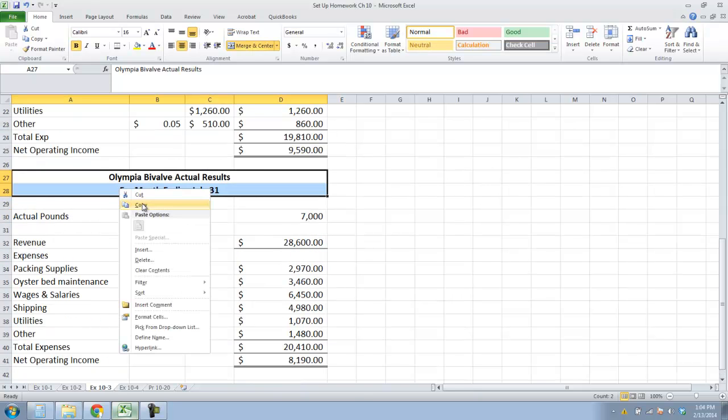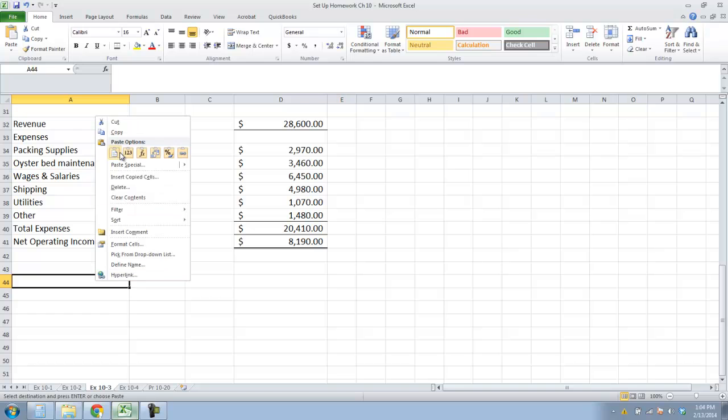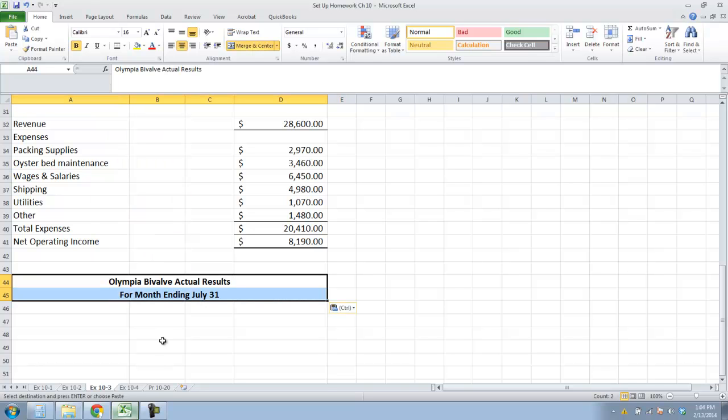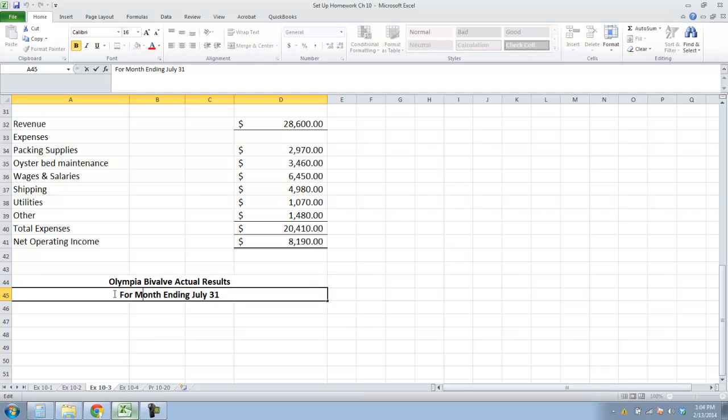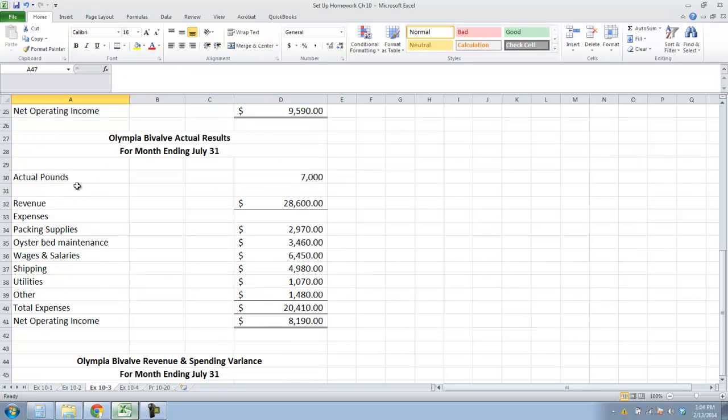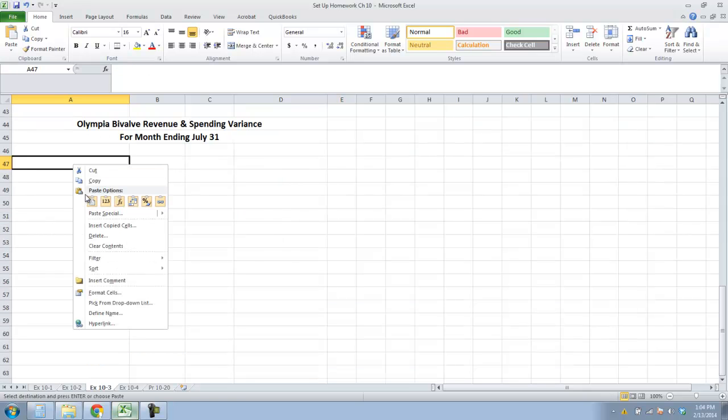So take this out. And we are going to call this revenue and spending variance. Okay, so we are going to copy the setup here.